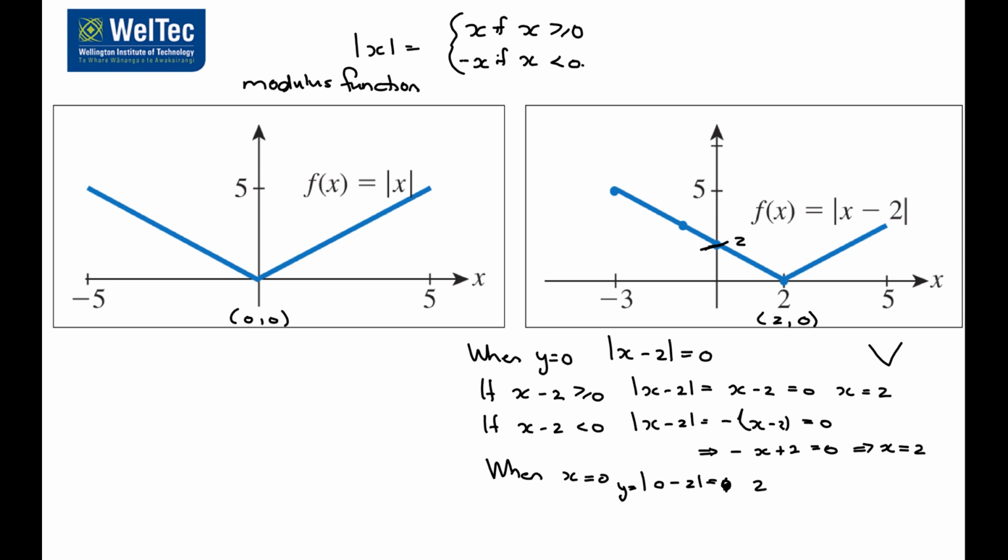So if we were looking at something like this, let's make it minus 4. What that does is it moves the vertex 2 to the right and down 4. So the vertex would be at 2 and negative 4, so down there.